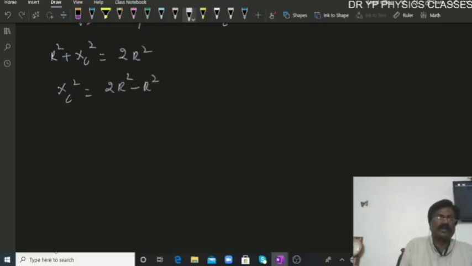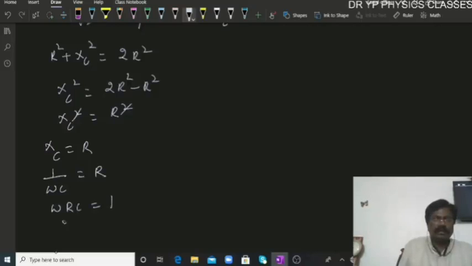So XC square is equal to 2R square minus R square. So XC square is equal to R square. So the square gets cancelled. We have XC is equal to R. XC is 1 over omega C, that is equal to R. Omega RC is equal to 1, or 2 pi F into RC is equal to 1.